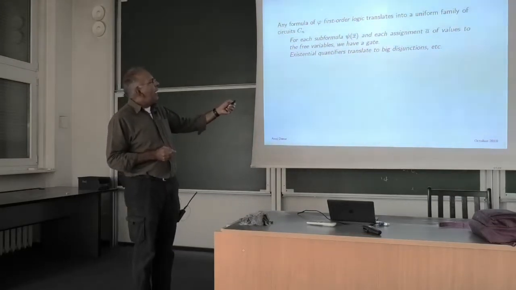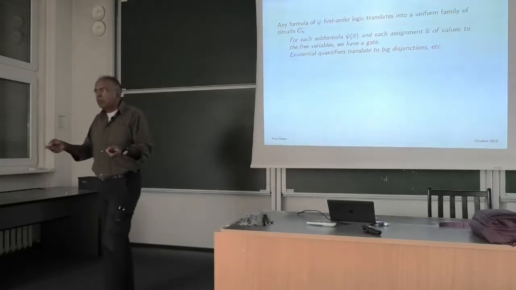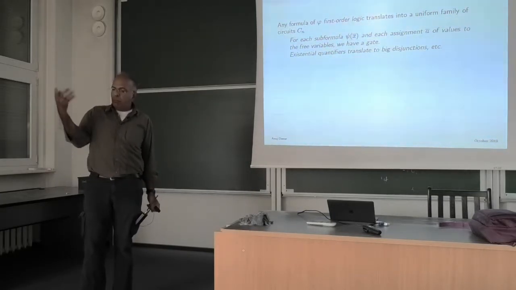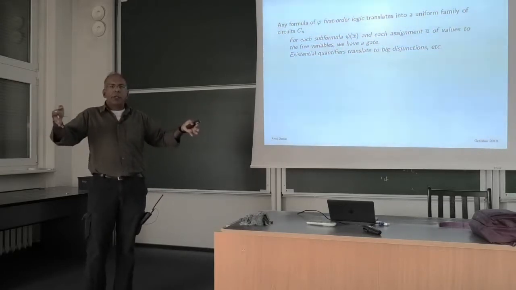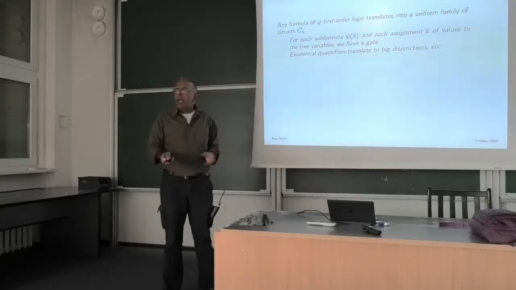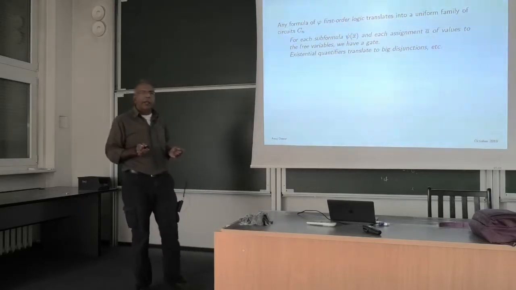I'm going to basically take any subformula of phi. A subformula will have free variables, denoted by x bar. Imagine putting values in for those variables from among 1 through n, because 1 through n is the universe of my structure, so I can evaluate those variables, so I fix some assignment. So for each such pair of a subformula and an assignment of values to the variables, I create a gate in my circuit.